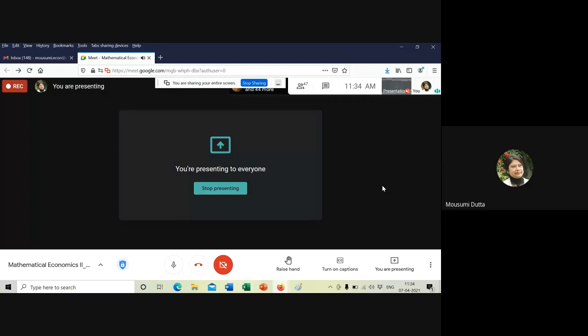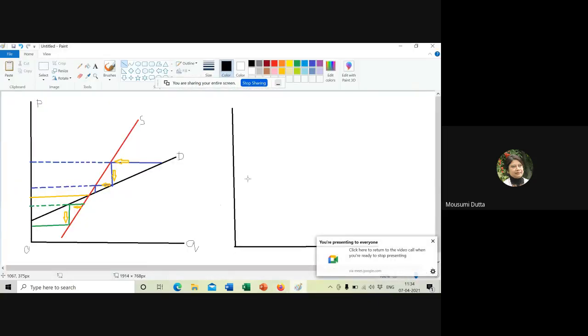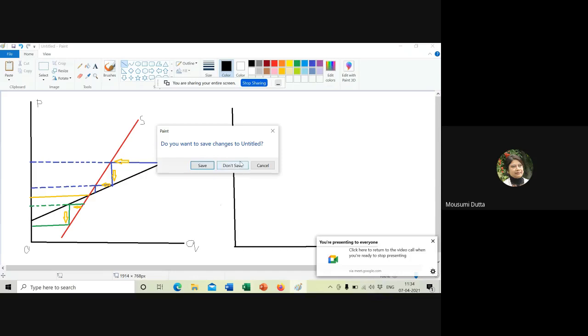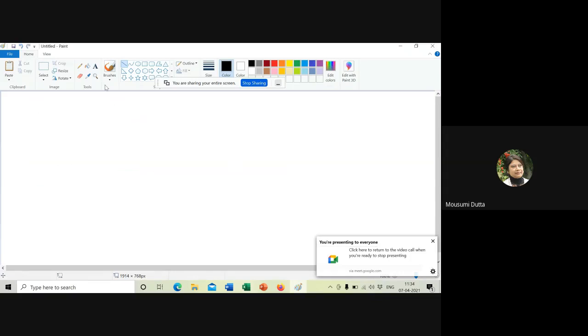If A is positive, let me do the thing this way. Let me construct a new page. So I'm talking about time path.